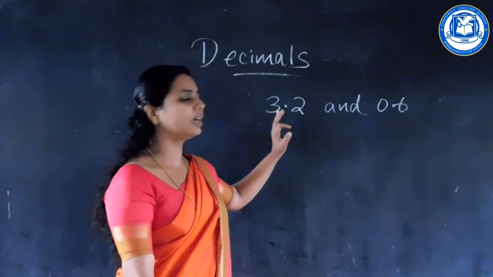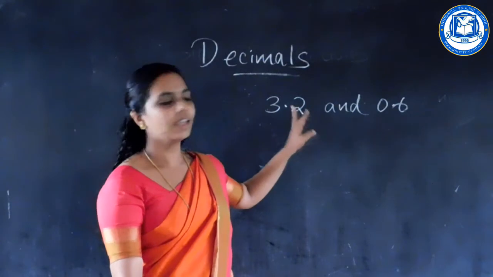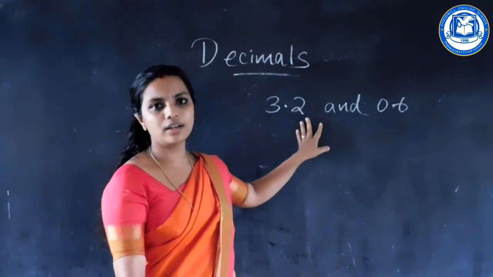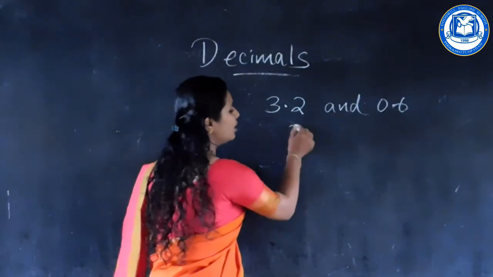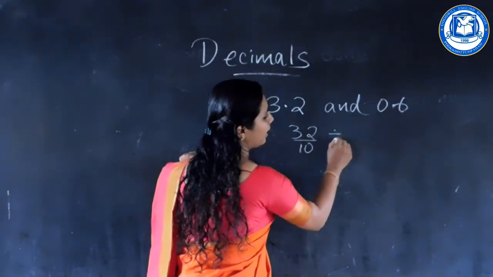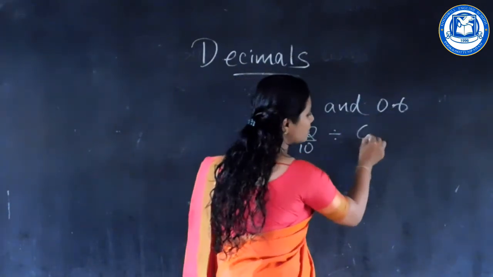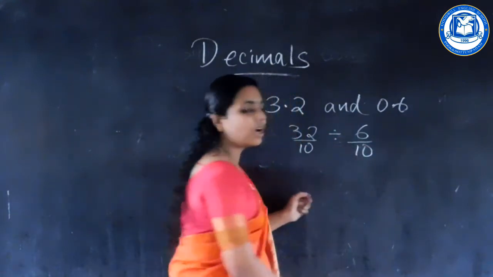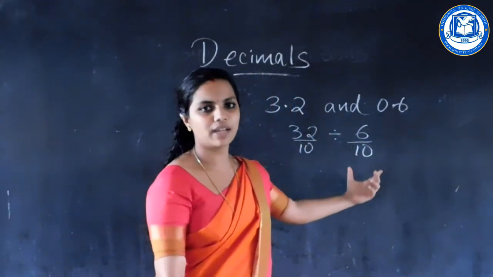As we have told earlier, we must look at how many numbers are after the point. Here after the point there is only one number, so our denominator will be 10. So this will change into 32 by 10 divided by 6 by 10.